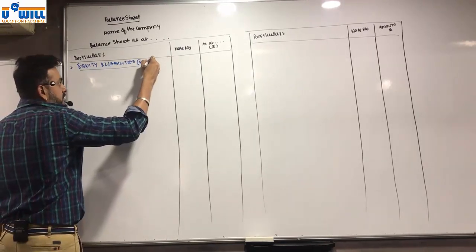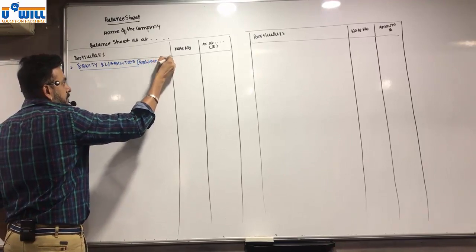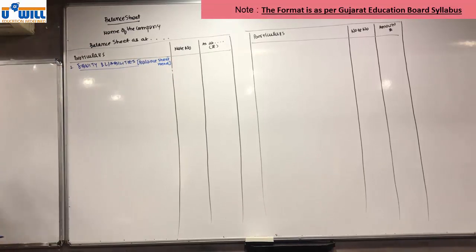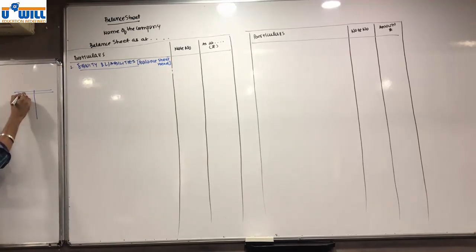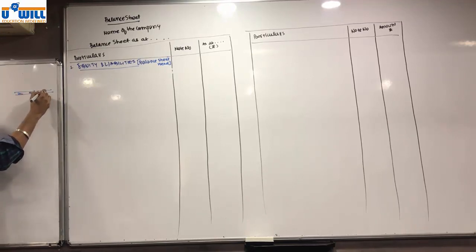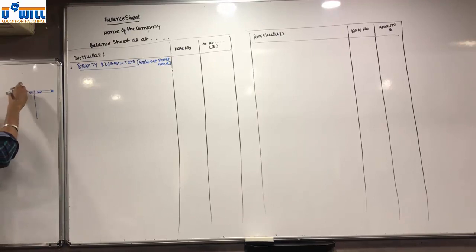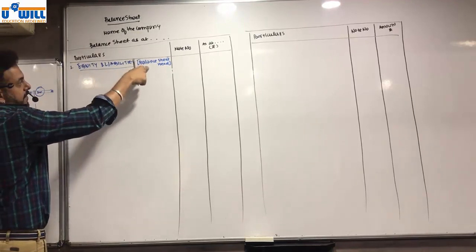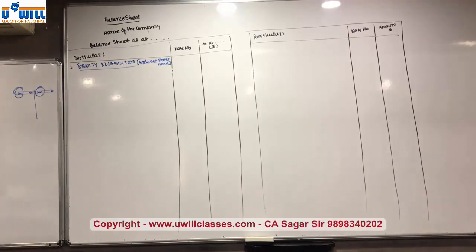लिखो बैलेंस शीट हेड. बैलेंस शीट हेड यानी यहाँ पे जो हम लिखते थे ना पर्टिकुलर्स की जगह पे, liabilities rupees, asset rupees, liability rupees, asset rupees. This head is balance sheet head. The first one, equity and liabilities, is balance sheet head. Okay.